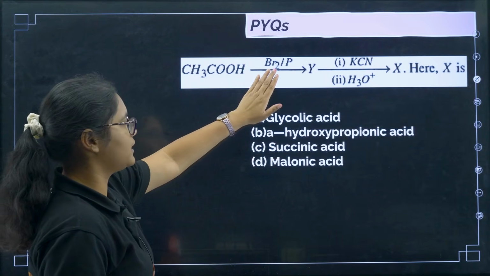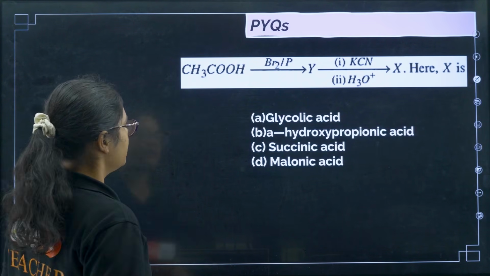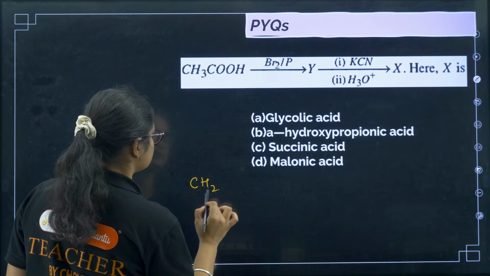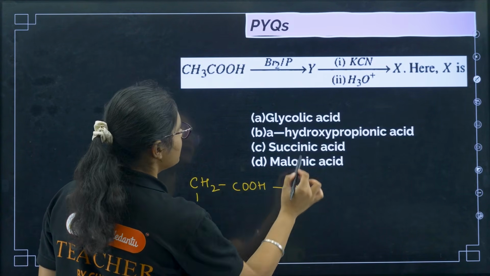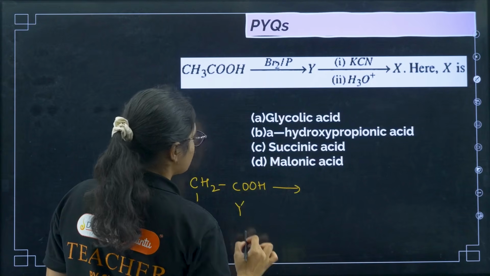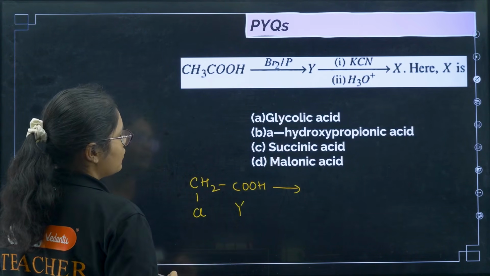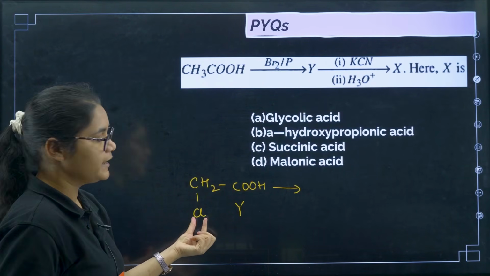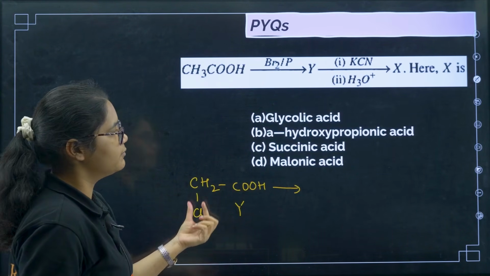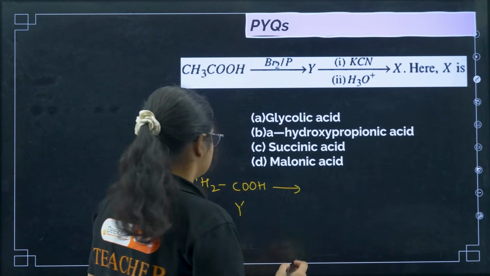CH3COOH is treated with Br2 and phosphorus. So that means HVZ reaction, here there will be a halogen group, right? So you will get CH2ClCOOH. After that, this is your Y. Next, what you are doing? KCN and H3O plus. So KCN will convert Cl to CN, right? And after this CN is formed, if you do hydrolysis, you will get COOH here, right?